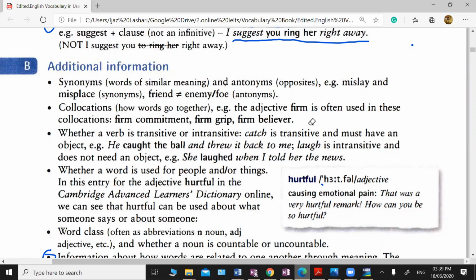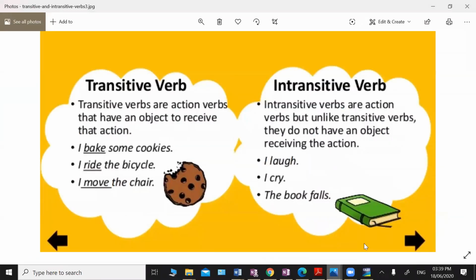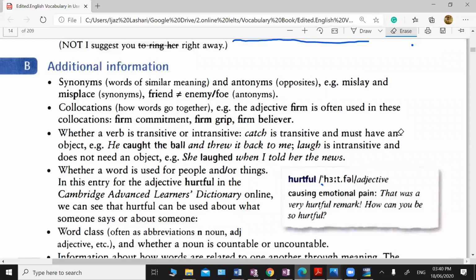Okay, which needs an object is transitive. Transitive verbs are action verbs that need an object or that have an object. And intransitive verbs don't need an object.